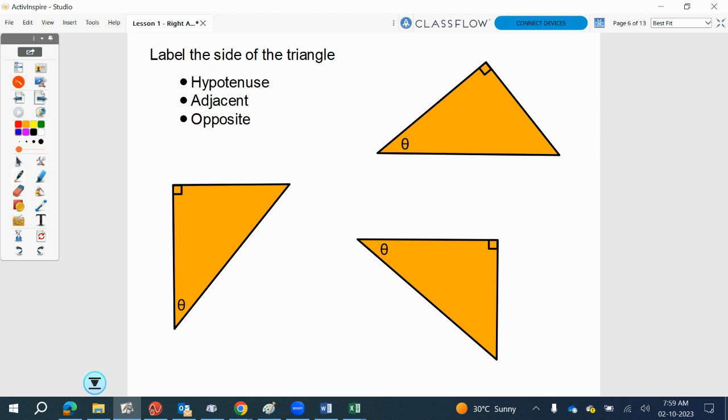You've got two lines there. Try to see the right hand. The right hand is wrong. And then you've got some of the shorter legs. That's the hypotenuse.